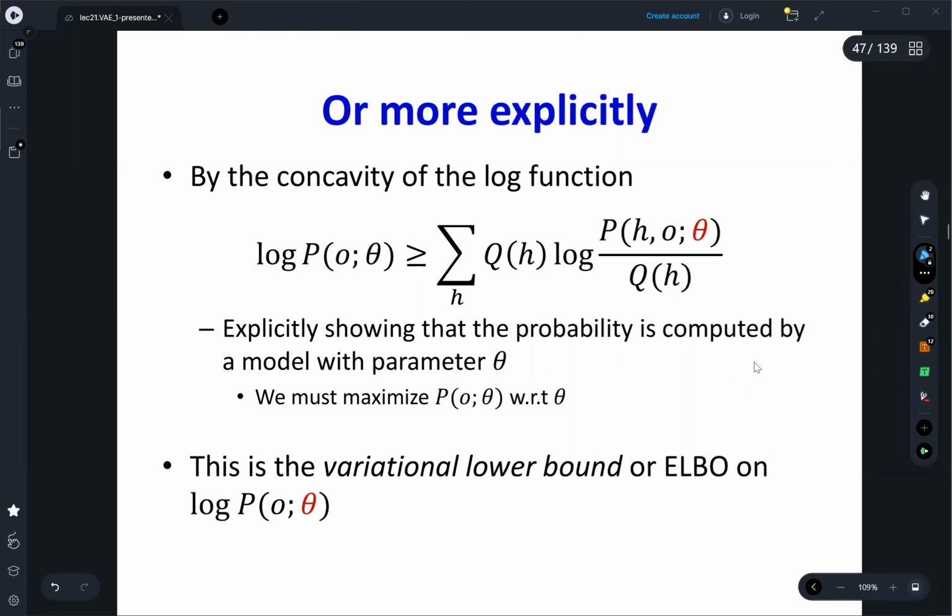This is what is called a variational lower bound, or an empirical lower bound, as you will see shortly, on log of p of o. This term to the right is never going to be greater than log of p of o. Is this making sense?